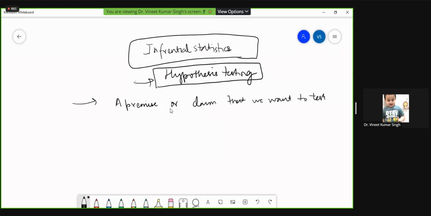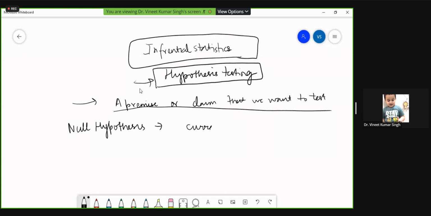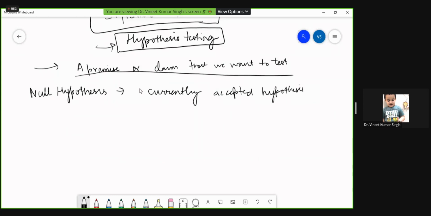Question है, what do we want to test by using this data? ठीक है, so we make a hypothesis which is known as null hypothesis, which is similar to what is currently accepted. ठीक है, so it is represented by H naught.